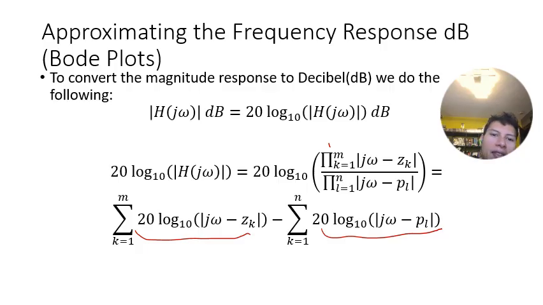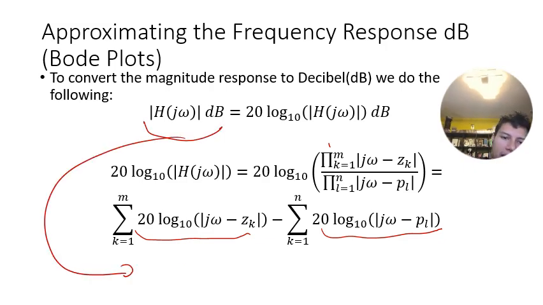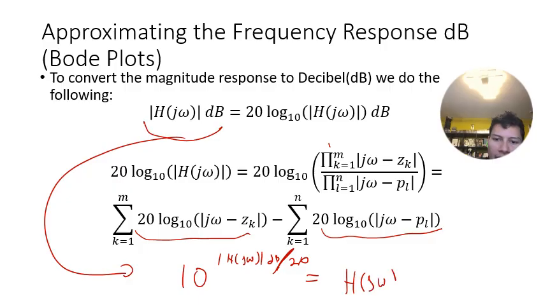Now, if I have the value in dB and I want to go to linear scale, all I have to do is take 10 to the H of j omega in decibels, divided by 20, and that's going to give me H of j omega in either volts per volt, volts per current, or a linear scale.